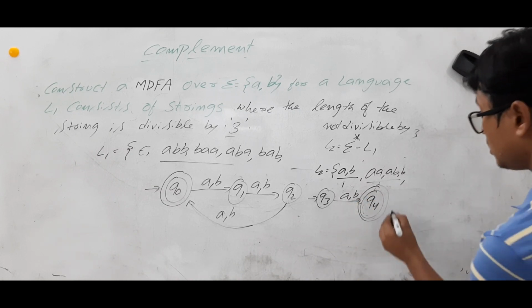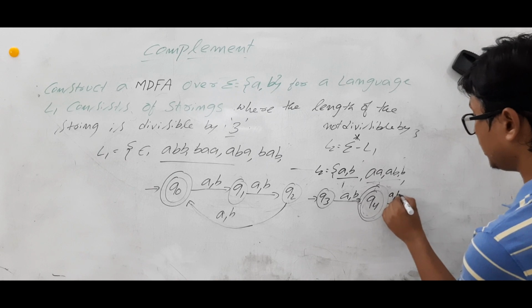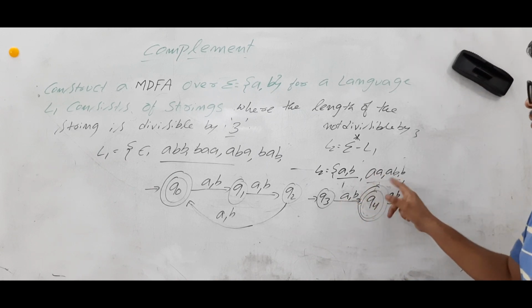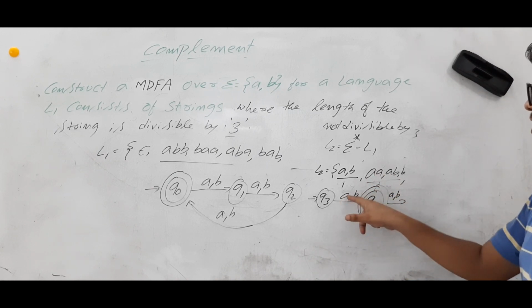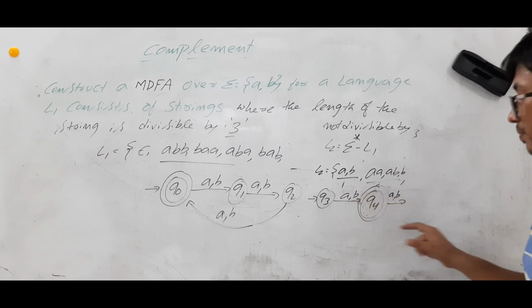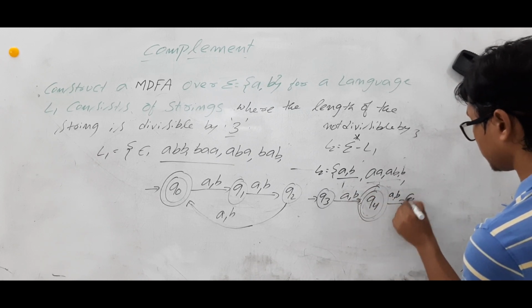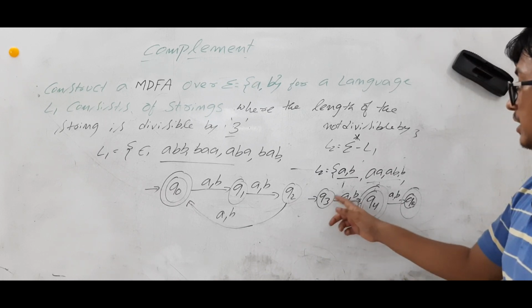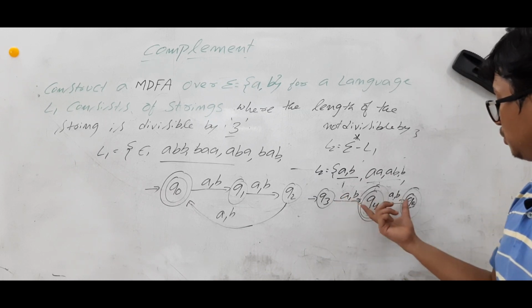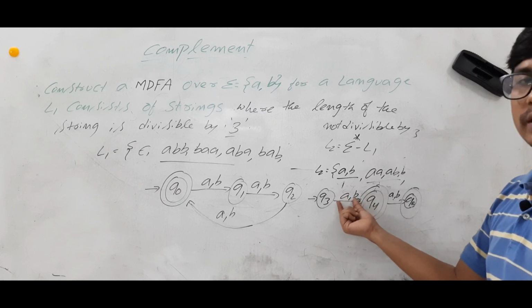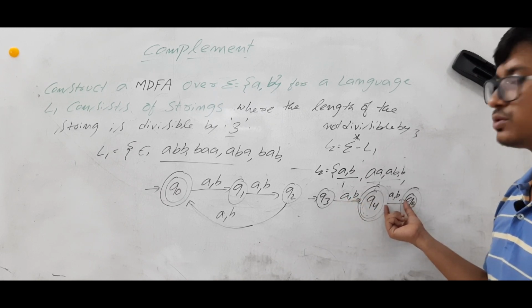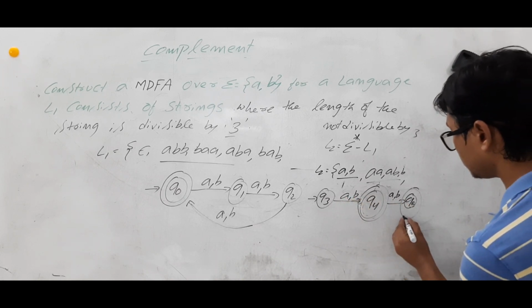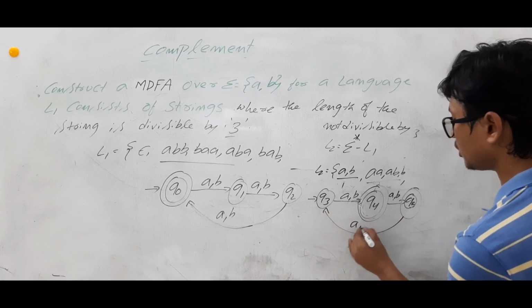On the second a and b, meaning if you have two a's, or ab or ba or bb, you should accept them. So single a it is accepting, two a's also accepting, means length 1 it is accepting, length 2 also accepting. What about length 3? Length 3 I should not accept.